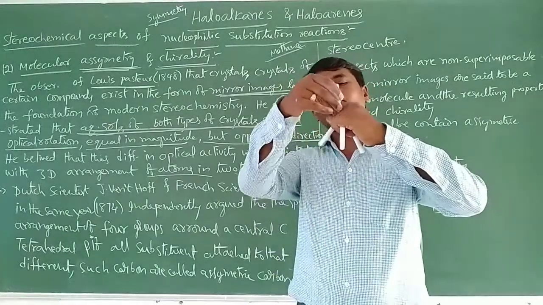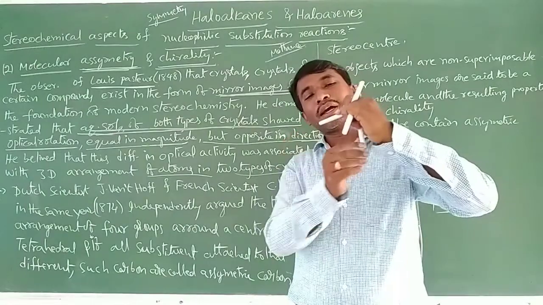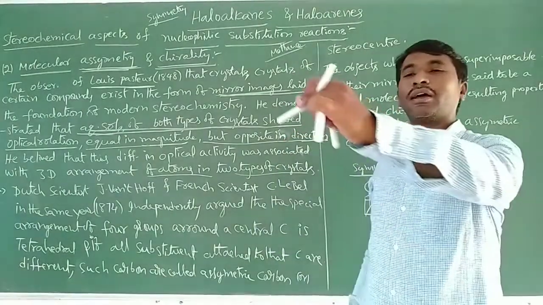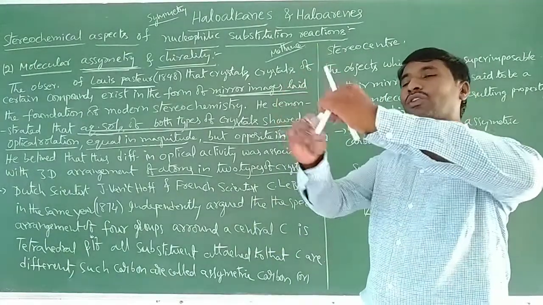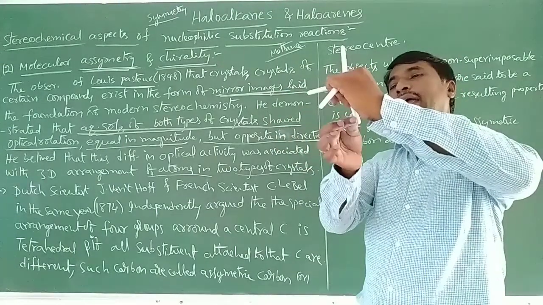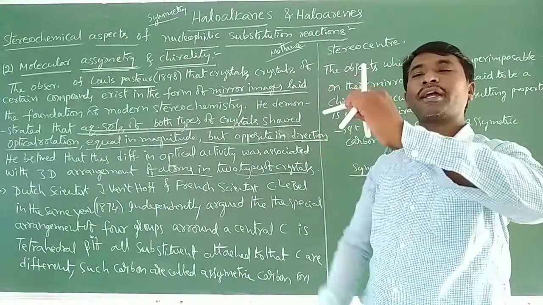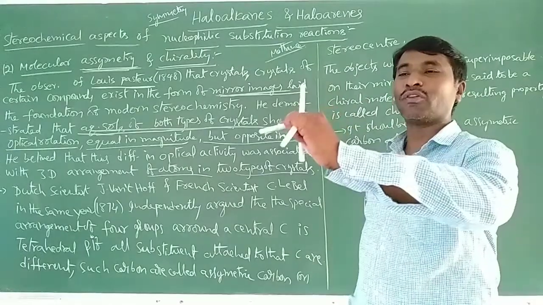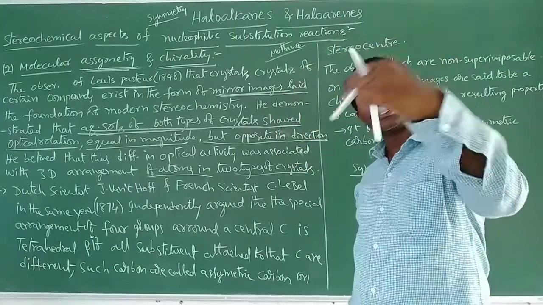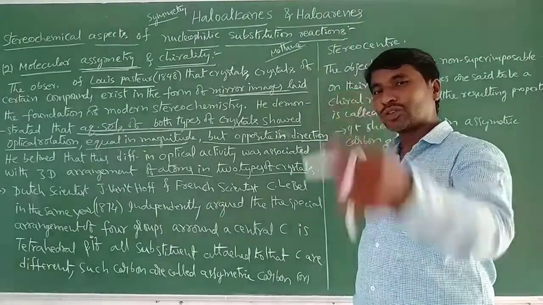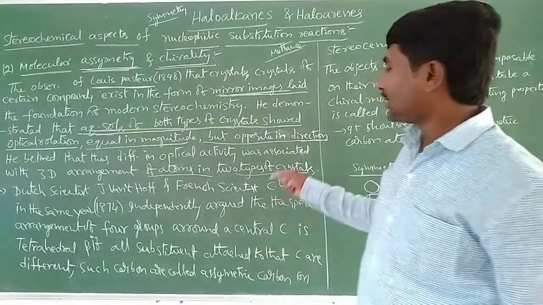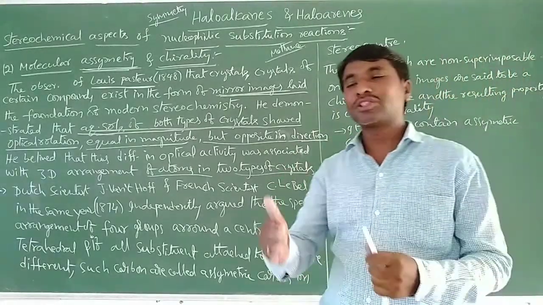One is above like this. It is tetrahedral. Each bond angle is 109.28 degrees, an arrangement like this. So methane, when it is a mirror image, is the same.